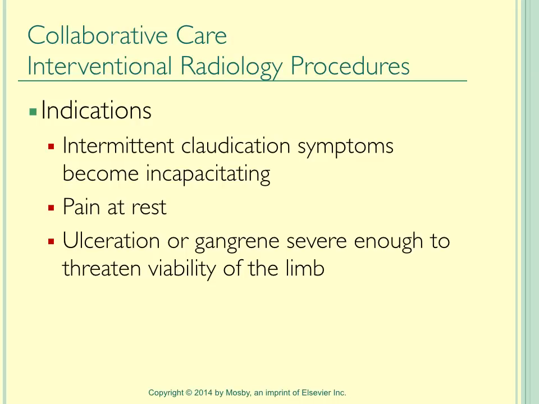We can do interventional radiology procedures, and interventional radiology procedures are indicated when intermittent claudication symptoms are making the patient incapacitated, interfering a lot with his ADLs, and there is pain at rest, and there is so much ulceration or gangrene in the extremity that there is a risk of losing the limb completely. This procedure will take place in a cath lab, and what intervention will be used depends on the kind of blockage and its location, along with the severity it's presenting.